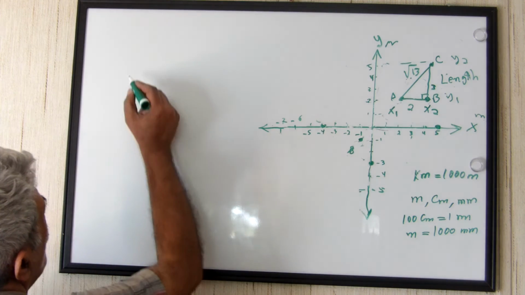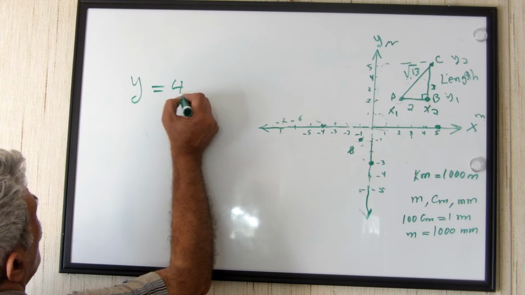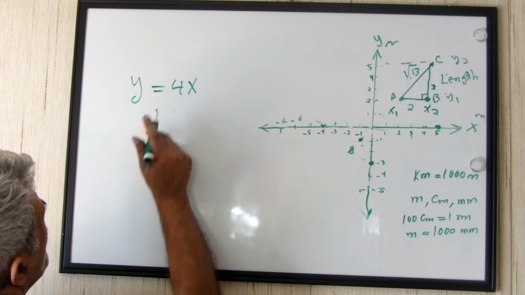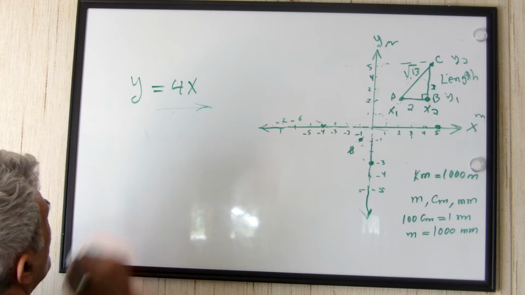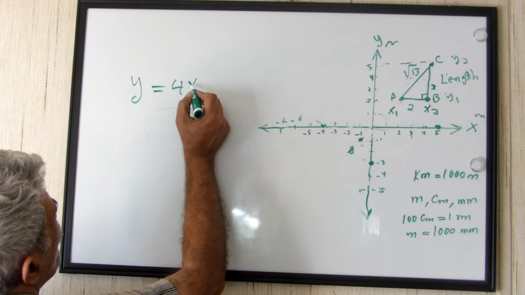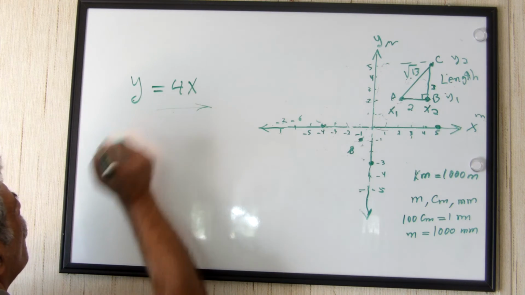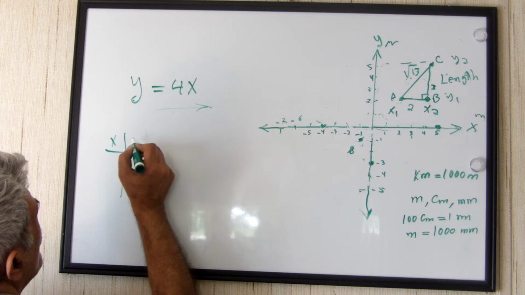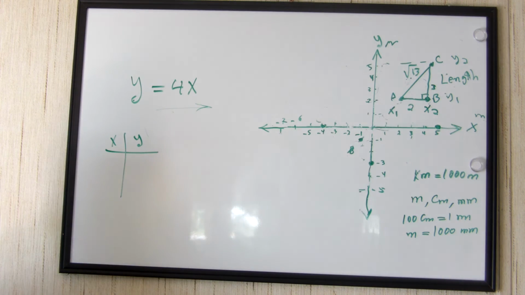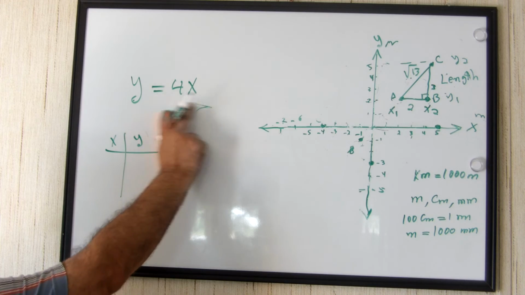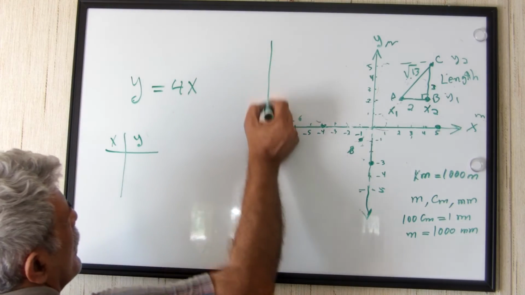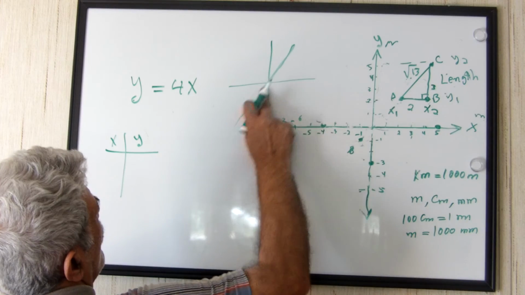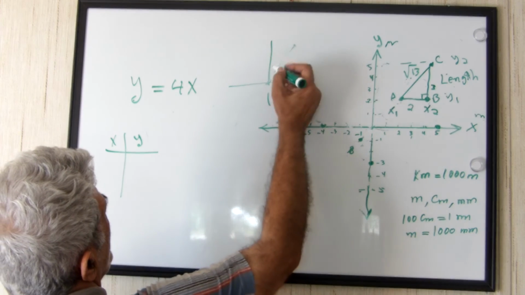A function is like y is equal to 4x. This is a function. Let's draw this function. It means for each value of x, we have one value of y. Input-output table, x and y. This function is going to look something like this, more steep.